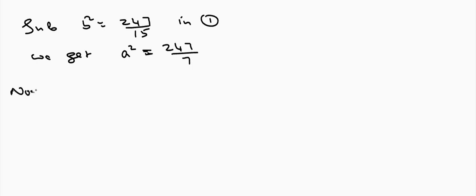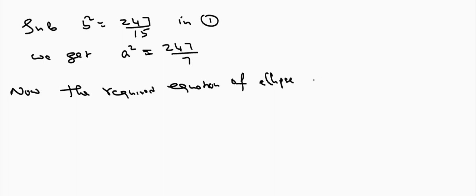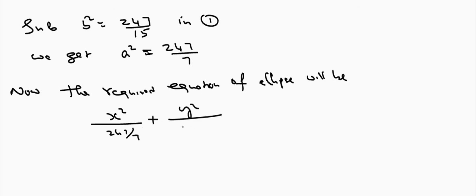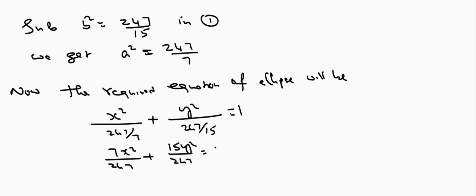Now the required equation of the ellipse will be x square by 247 by 7 plus y square by 247 by 15 equal to 1. We get 7x square by 247 plus 15y square by 247 equal to 1. We can write 7x square plus 15y square equals 247.